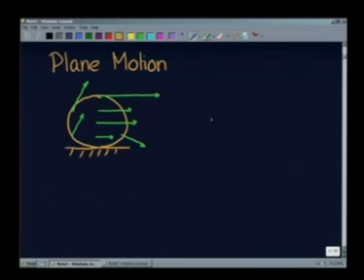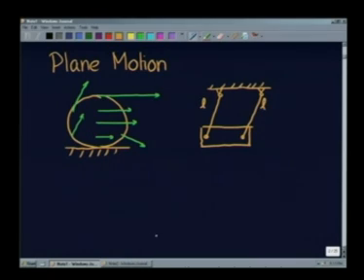Similarly, we can have another example. If you hinge an object and suspend it by two equal links, then again we know that this object will undergo a motion which you can call plane motion.